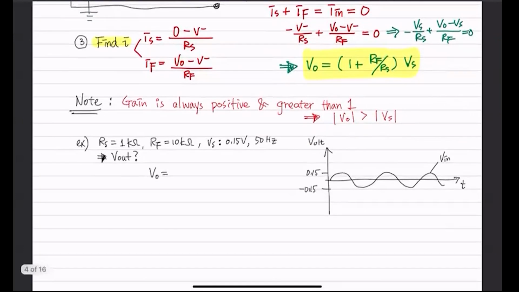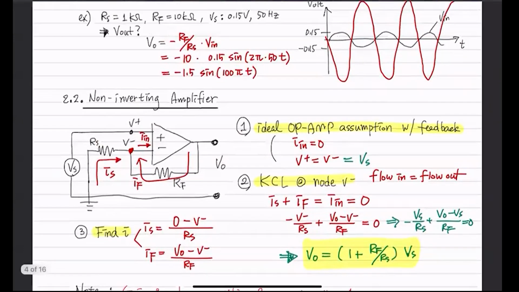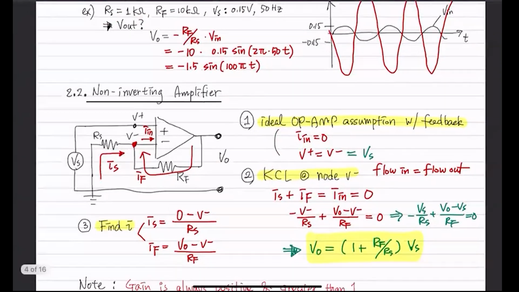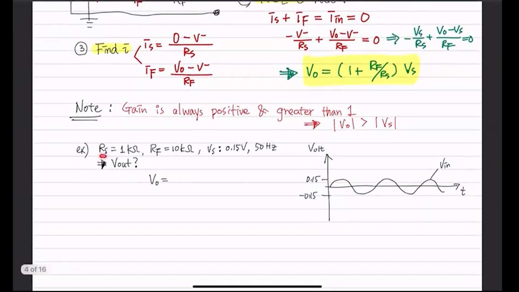So if we try a simple example, I just copied this whole thing down there, so it's exactly the same thing. RS was 1K, RF was 10K, and we had the same input sine, 50 hertz, and we would like to find out what the V out is. Then V out is 1 plus RF over RS times Vin, right? So it's going to be 1 plus RF, 10K, divided by 1K, right?